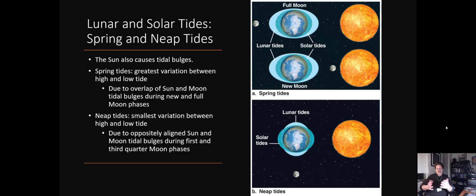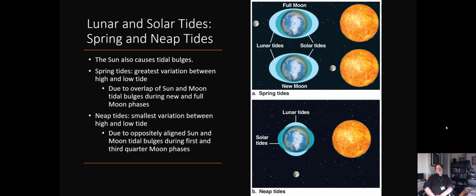The moon is not the only thing throwing its weight around, as it were. Even though the sun is incredibly distant, it is massive enough that it still affects our ocean tides, in the sense that we have what are known as spring and neap tides.